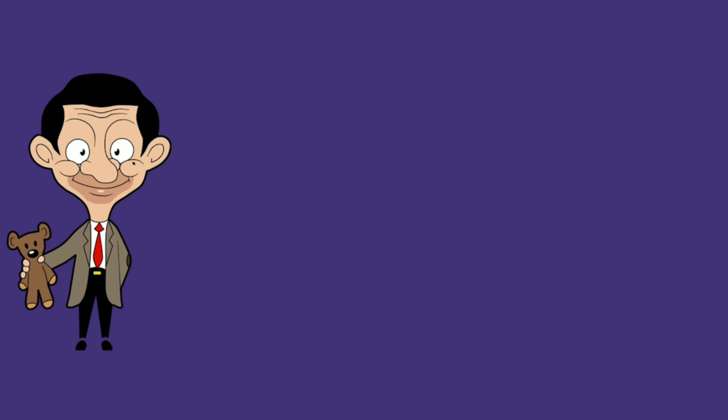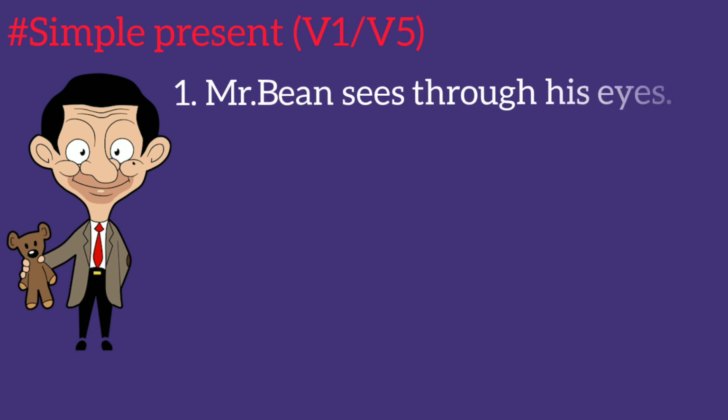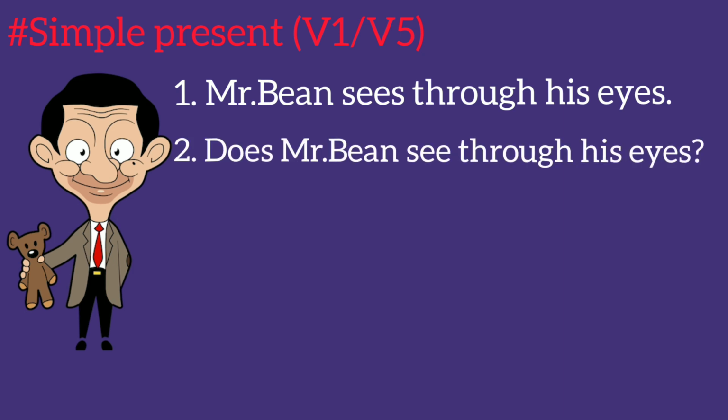First, let us start with simple present tense. Mr. Bean sees through his eyes. Use the formula and frame the sentences. Does Mr. Bean see through his eyes?